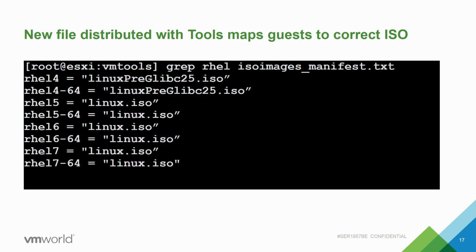A part of that is this new manifest file that's delivered with the tools. This is just a mapping between the guest operating system type and the tools ISO that you need in order to install the proper version of tools. So you can see the older version of RHEL uses the old frozen ISO called Linux pre-glibc 2.5. So that's a change in vSphere.